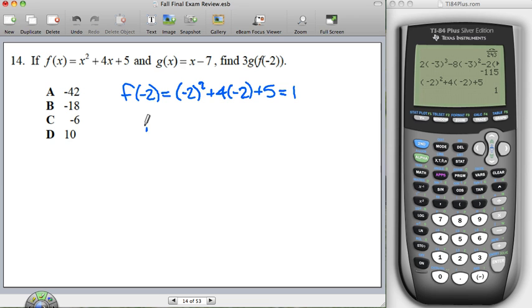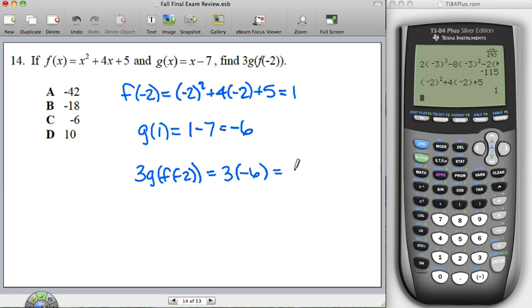So I'm going to find g of 1, which gives me 1 minus 7, which is negative 6. g of f of negative 2 is negative 6, so I have 3 times negative 6, which is negative 18. So my solution for 14 is B.